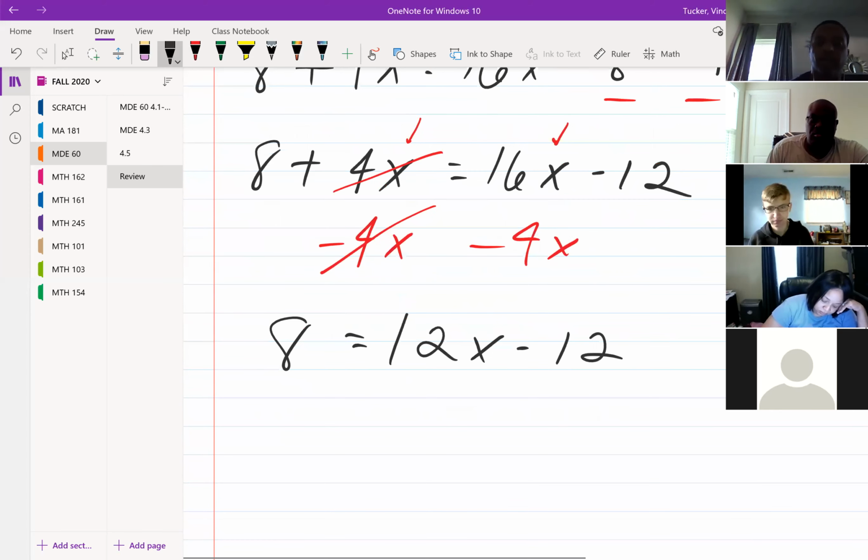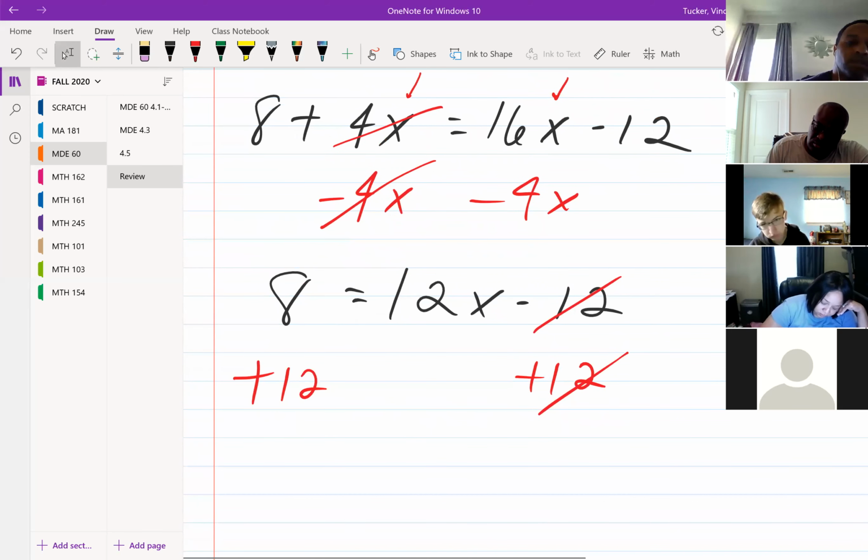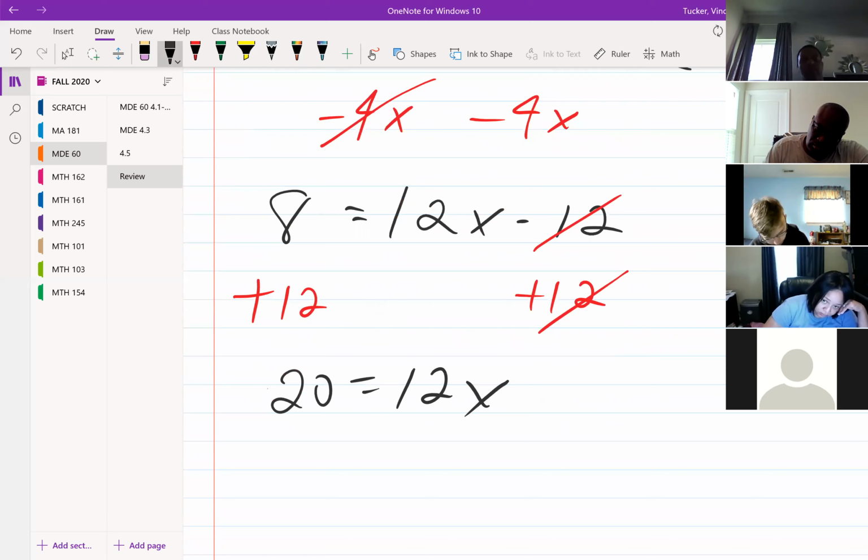Now we're going to add 12 to both sides. That'll be 20 equal to 12x. Then we finish it off by dividing by 12.